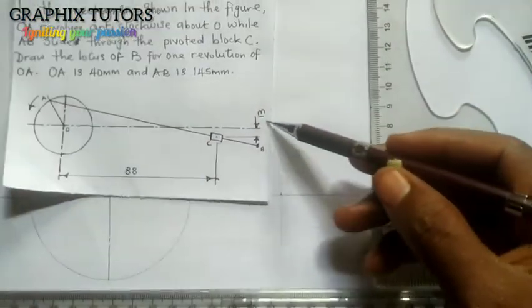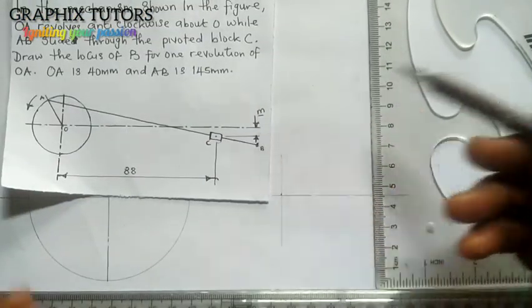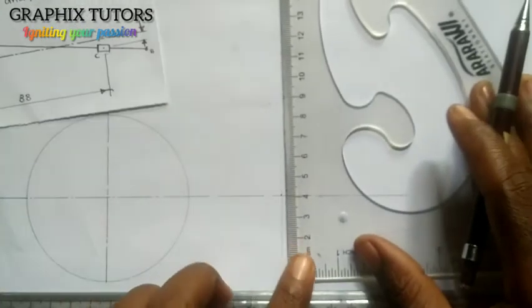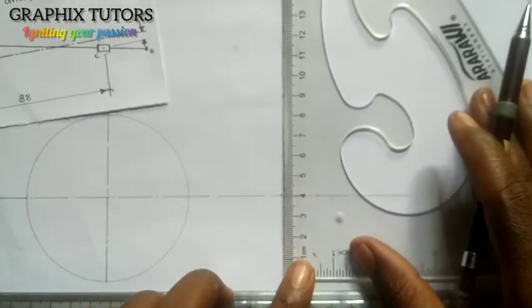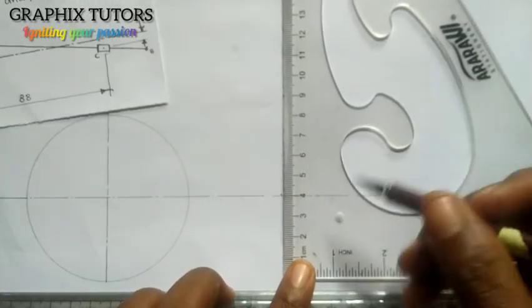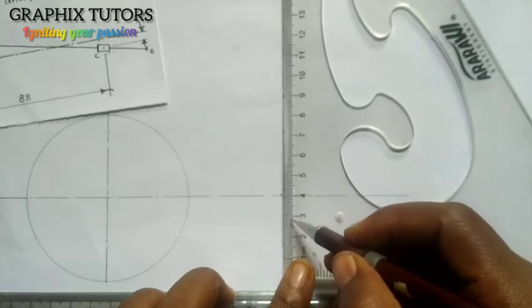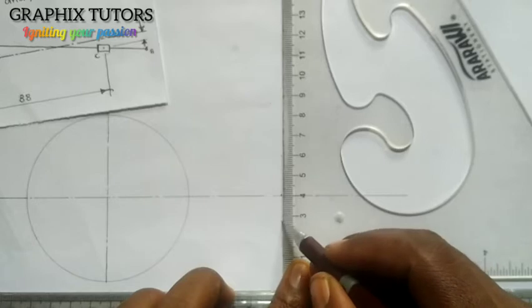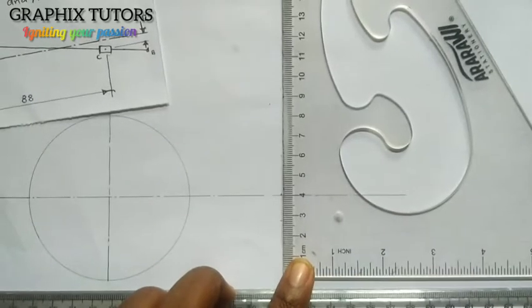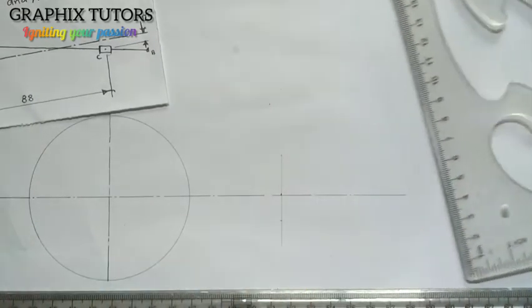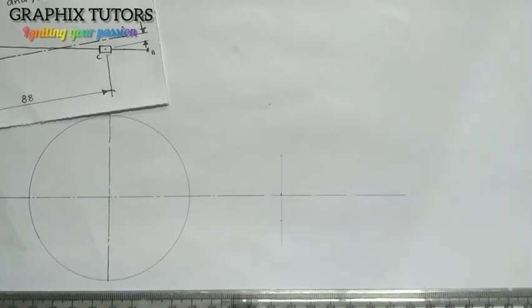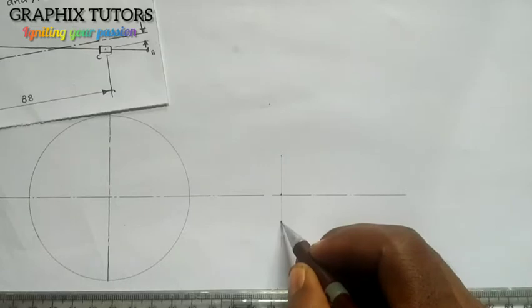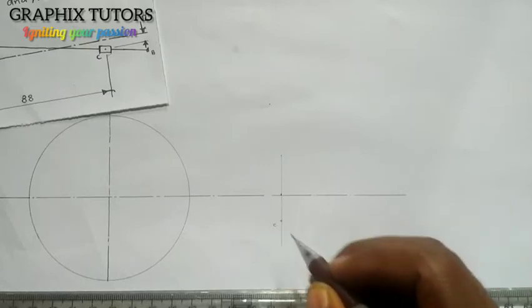They're telling me that from here to here is 13. This is 10, 11, 12, 13. From that point I'll draw my pivot, which is my point C.